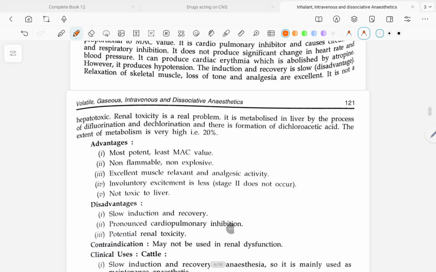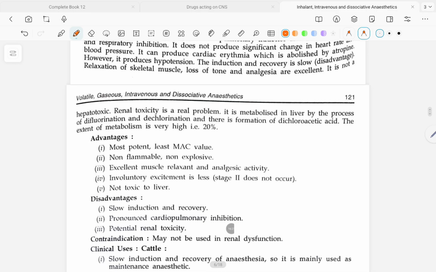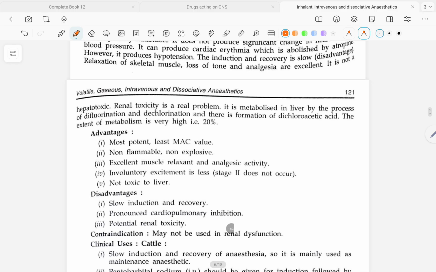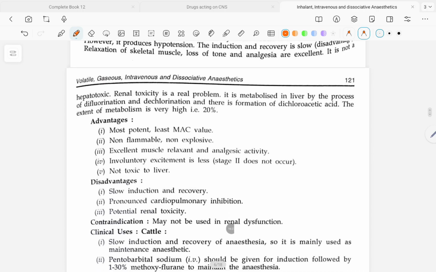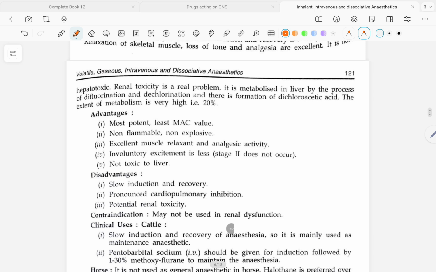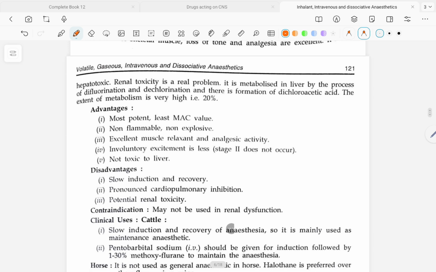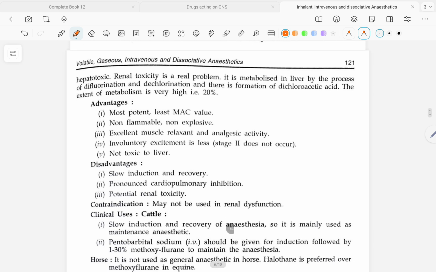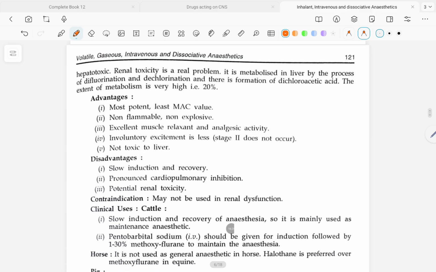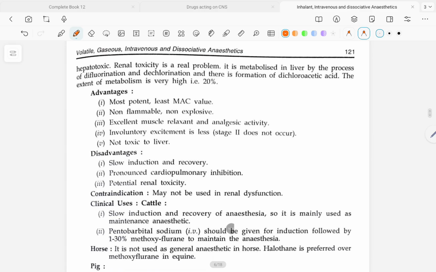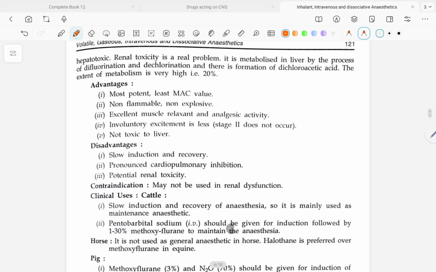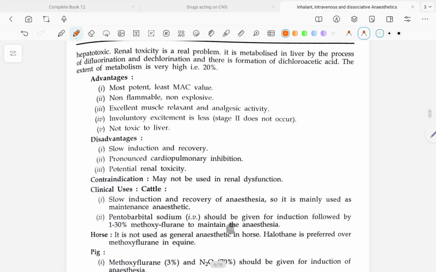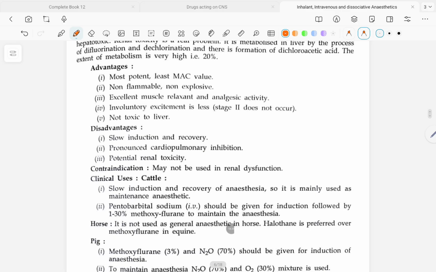Relaxation of skeletal muscle, loss of tone, and analgesia are excellent. It is not hepatotoxic. Renal toxicity is a renal problem. It is metabolized in liver by the process of defluorination and dechlorination, and there is formation of dichloroacetic acid. The extent of metabolism is very high, 20%.